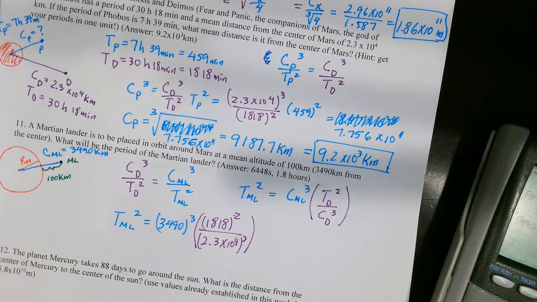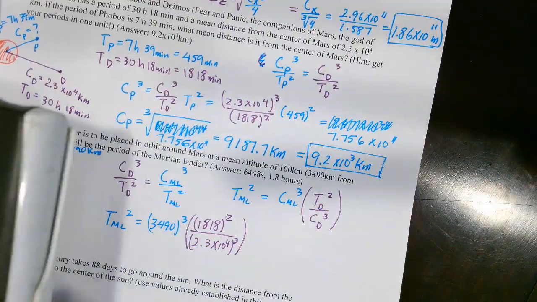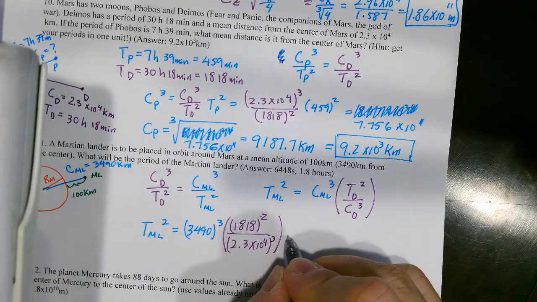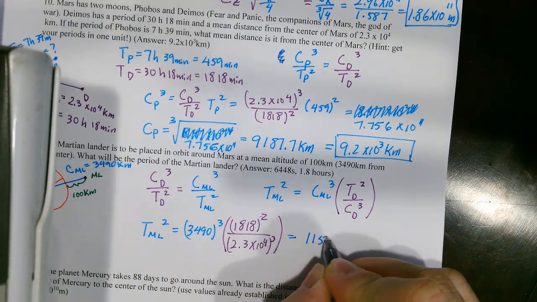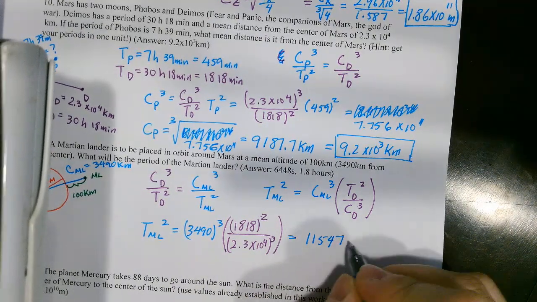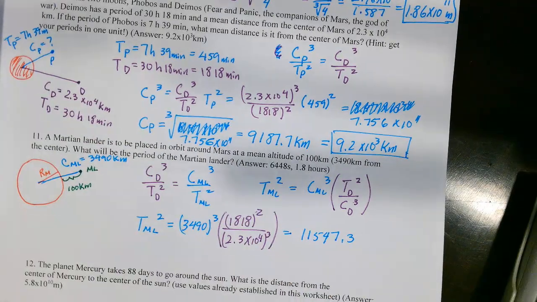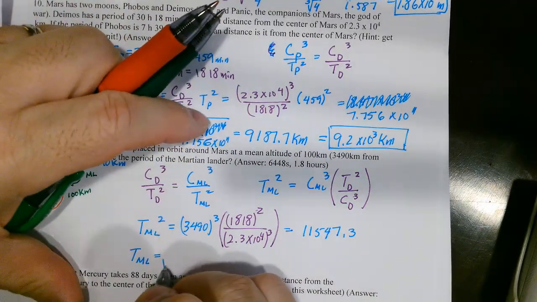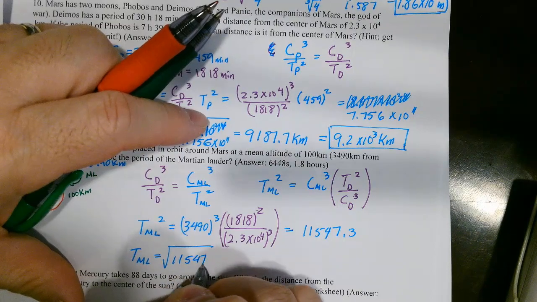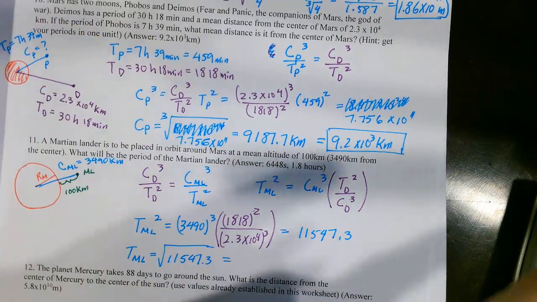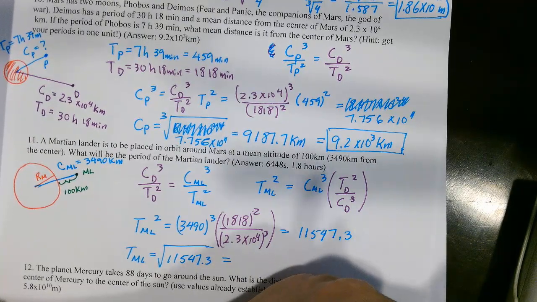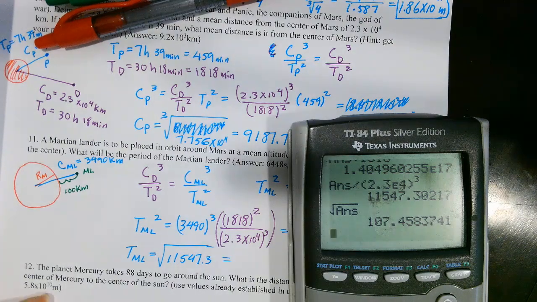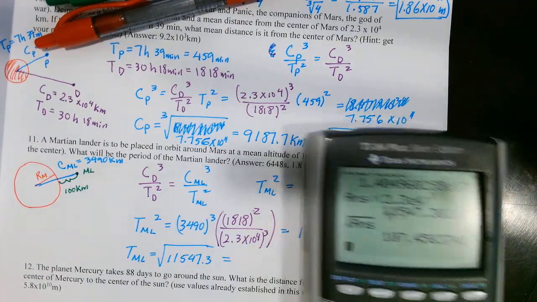I get something like 11,547.3. So T Mars lander is equal to square root of that, 11,547.3, and that comes out to 107.5.